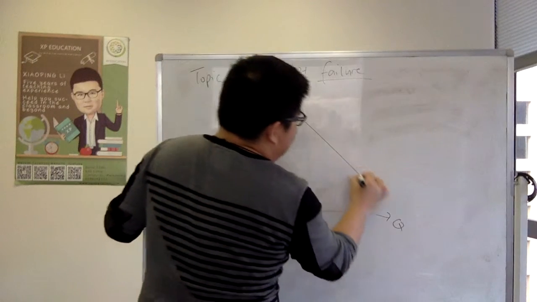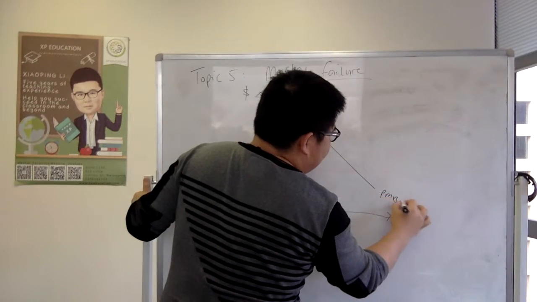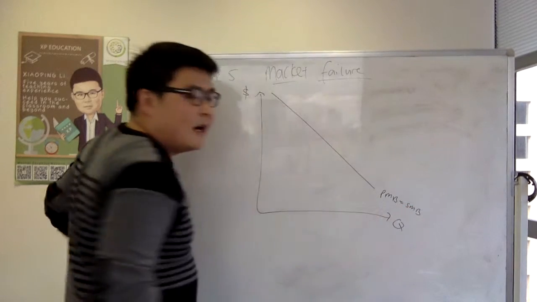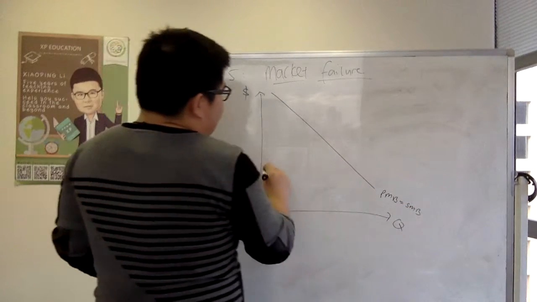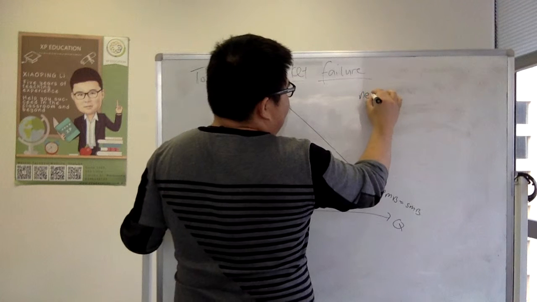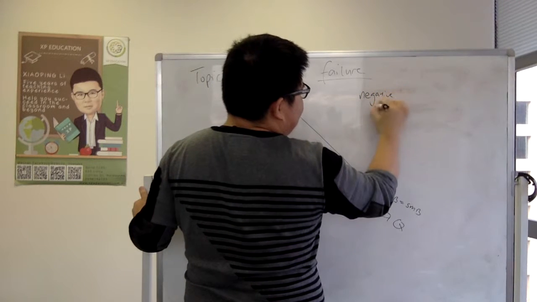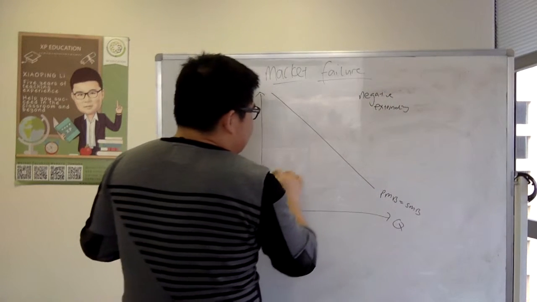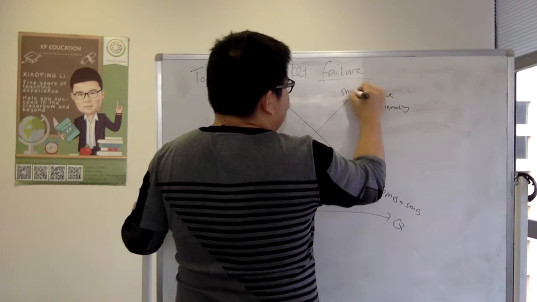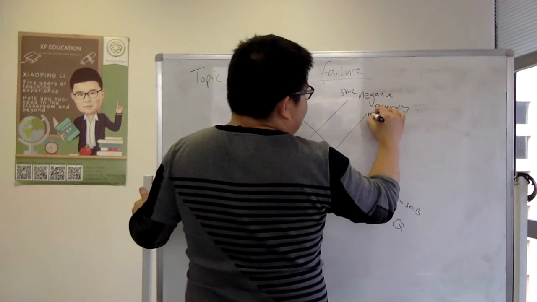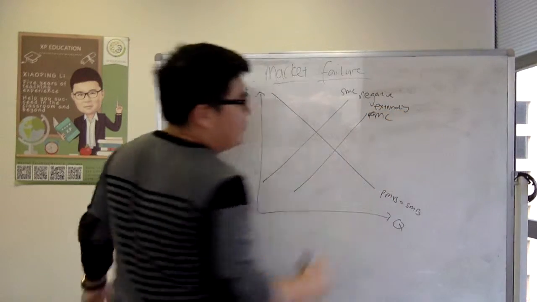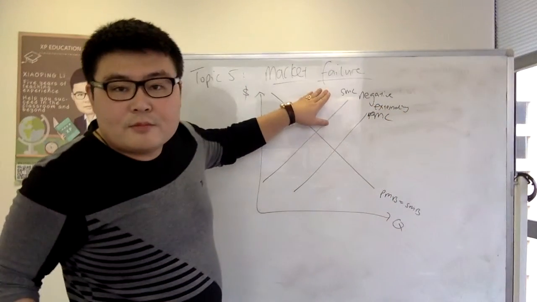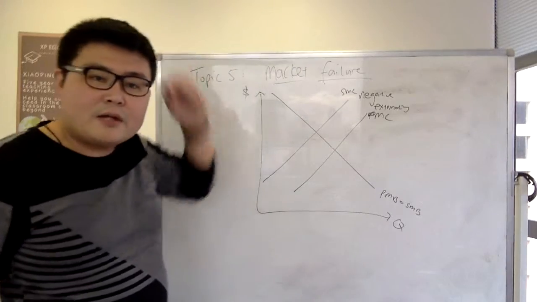So assume that our private marginal benefit is equal to our social marginal benefit, yes? Now, because we are trying to talk about this negative externality, yes? This means that the social marginal cost should be higher than the private marginal cost, yes? So we know that the social marginal cost sits above the private marginal cost.